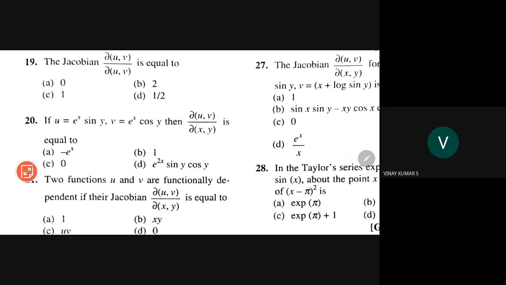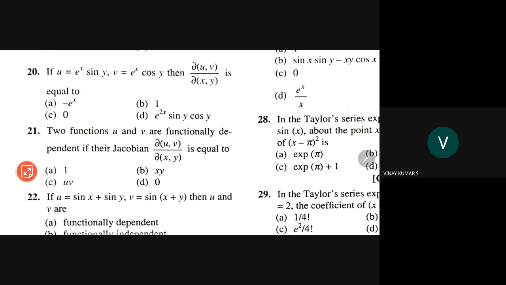Hello. Yeah. Tell me. Sir, Vinay, the previous question, sir. Which question? Can we scroll that? Yes, sir. Yeah, tell me, Vinay. 19, 20. Sir, can you go to the solution?